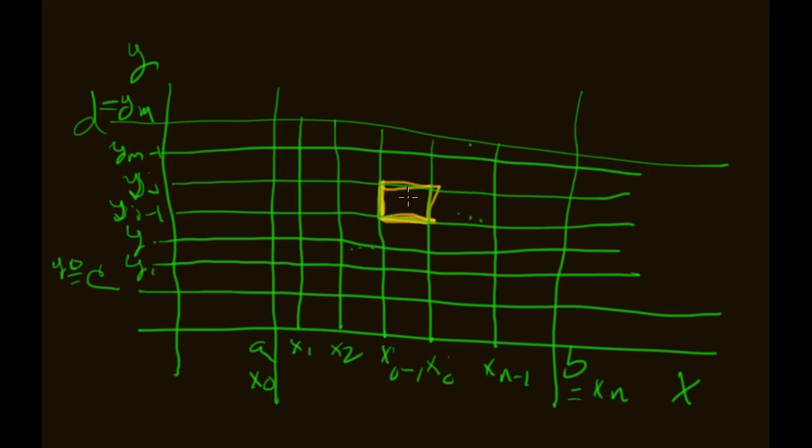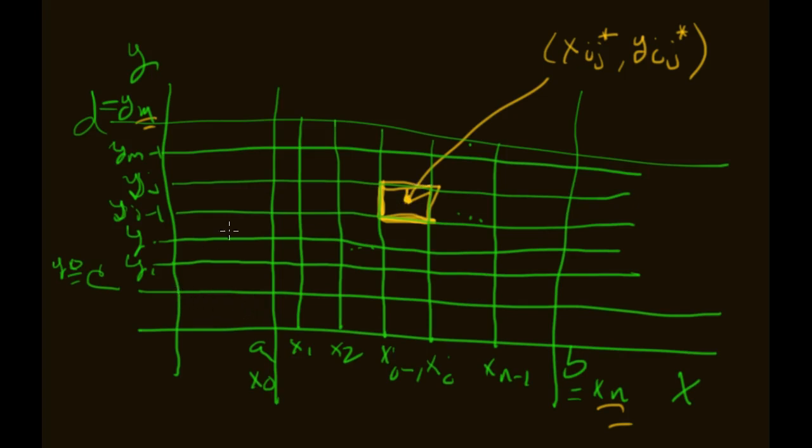And what we're going to do is pick some arbitrary point in the middle of that, and we're going to call that point x i j star, y i j star. So every one of these little rectangles is going to have some arbitrary point chosen in the middle. And why does it not matter which point? Because eventually I'm going to let n go to infinity, I'm going to let m go to infinity, and these little tiny rectangles are all going to squeeze down to being that point.